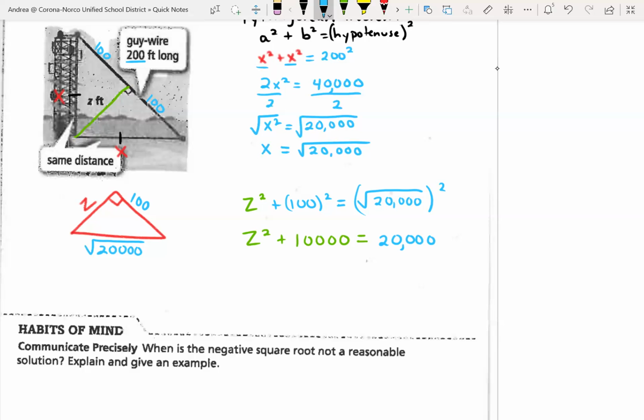Any questions over that? So now I'm going to subtract this from both sides. That gives me z squared equals 10,000.